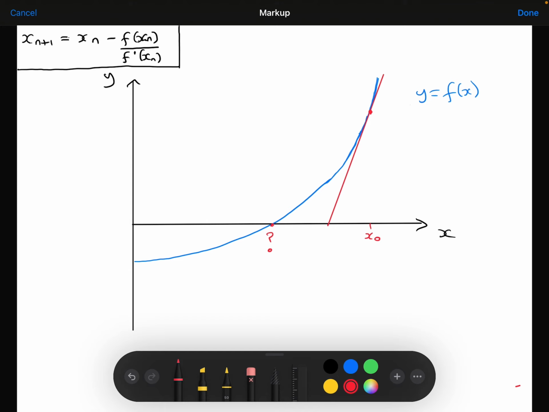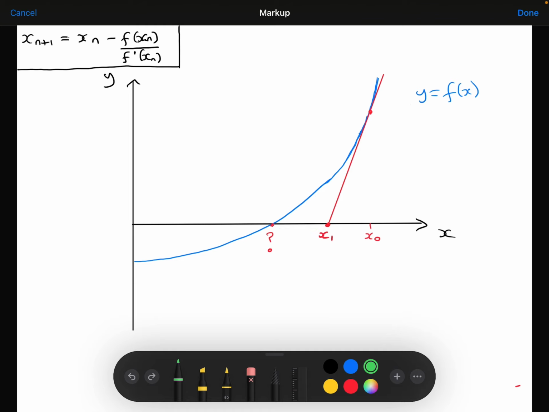So the x coordinate here, that's going to be my second approximation. And as you can see, that is a little bit better as an approximation for the root. It's closer to the answer, but it is still not very good. The first approximation was quite far away from the answer. This approximation is a little bit closer, but still not great.